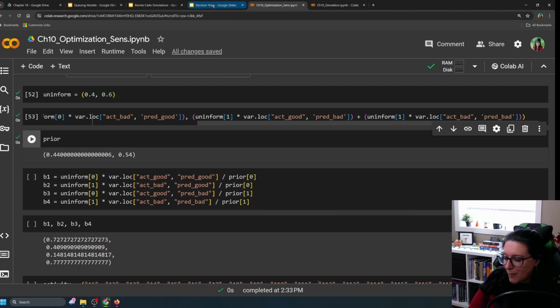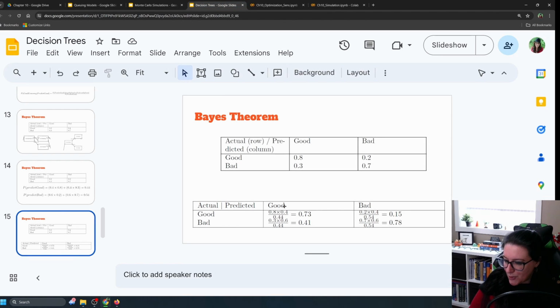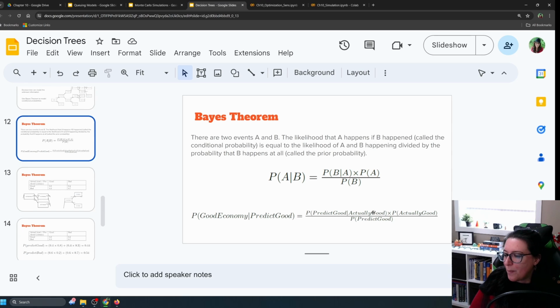I'll just go back to our formulas here so we can see what we're talking about, right? We're doing this calculation here in Python, and it's really just coming back to our Bayes here. We're doing the probability that's actually good times the probability we predict good when it's actually good, divided by the probability that they predict good, divided by that prior.